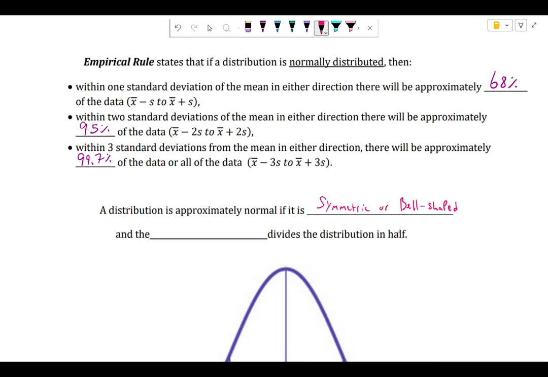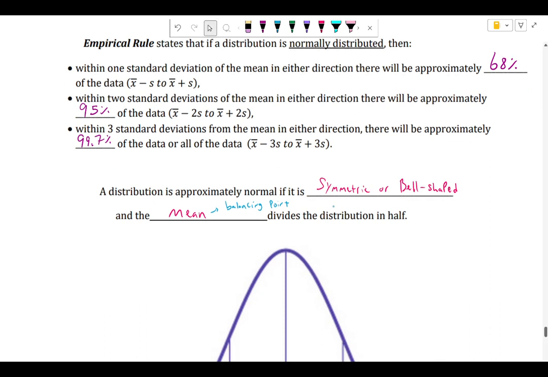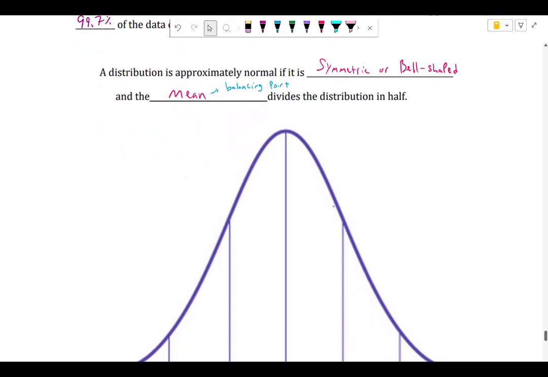And we know that it is symmetric if the mean divides the distribution in half. Remember that the mean is like the balancing point of a distribution. So if the balancing point is the middle value, then we know that it is symmetric.